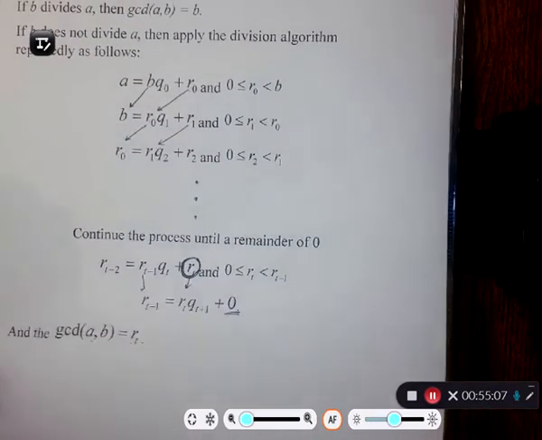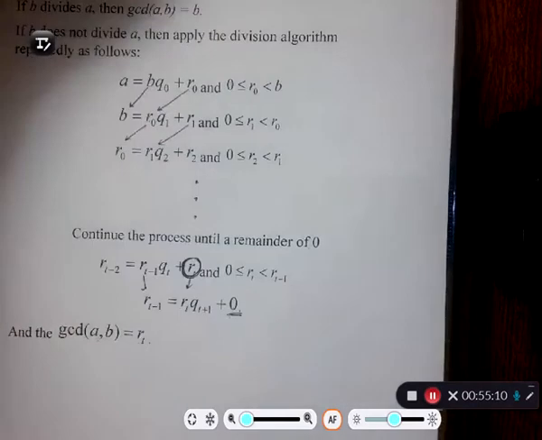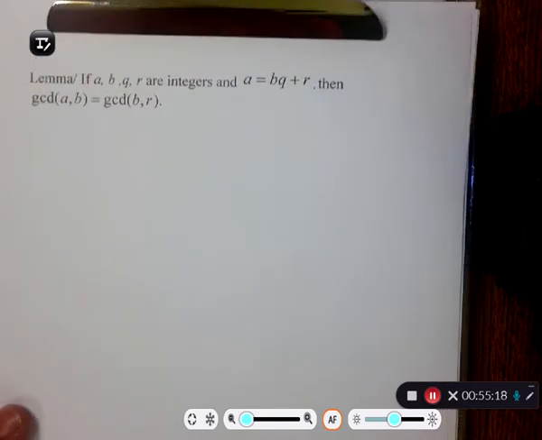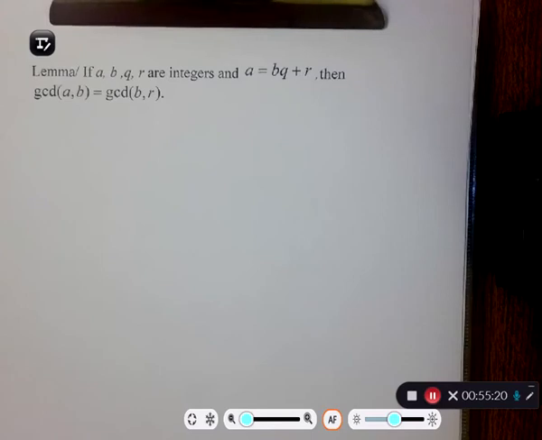So, the Euclidean algorithm. Well, with that, and here comes your first lemma. Lemma, again, meaning it's not a very big theorem in terms of ideas, but it's an idea here.